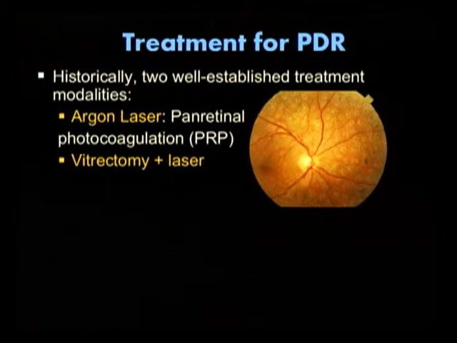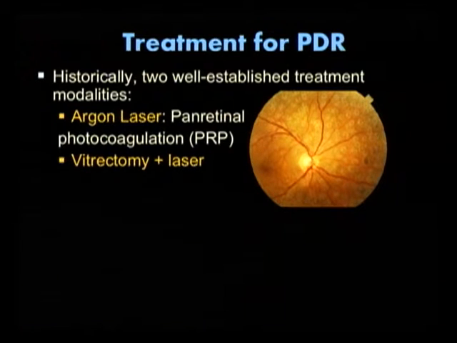In terms of treatment for PDR, historically there have been two well-established treatment modalities. They are still the gold standard. The most commonly employed one is in the form of argon laser pan-retinal photocoagulation. We call it PRP. This involves application of several hundred spots of laser throughout the posterior pole in a 360-degree concentric fashion around the macula, and I'll show you a photo in just a second.